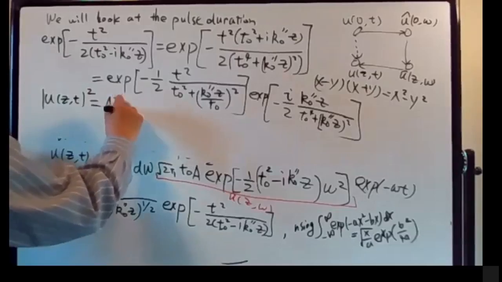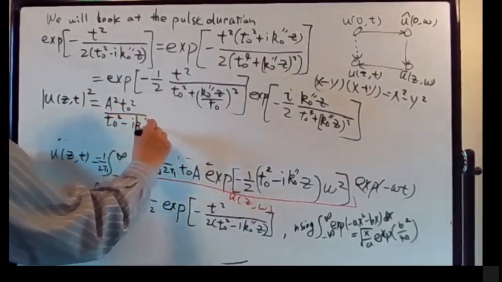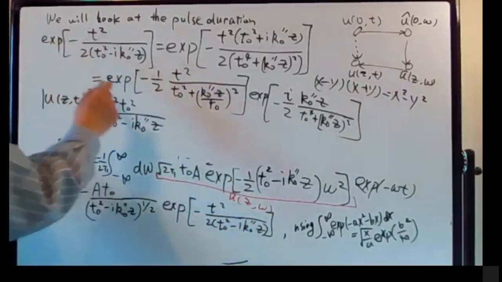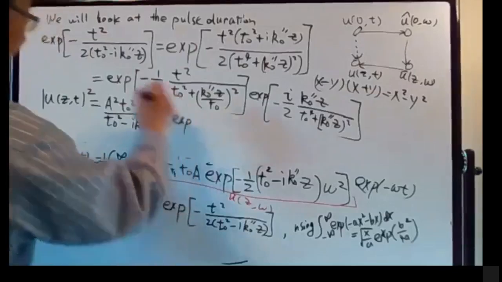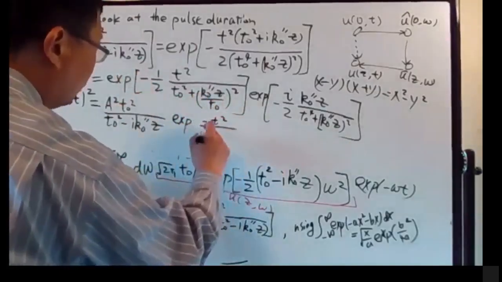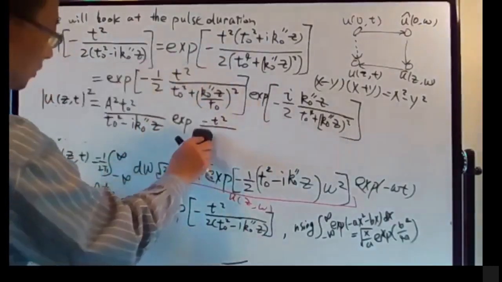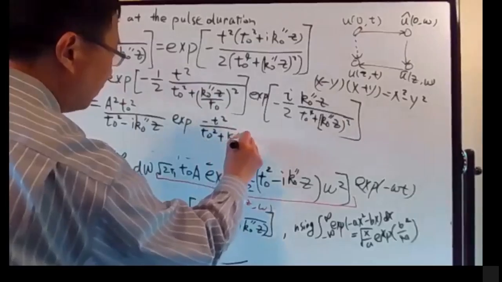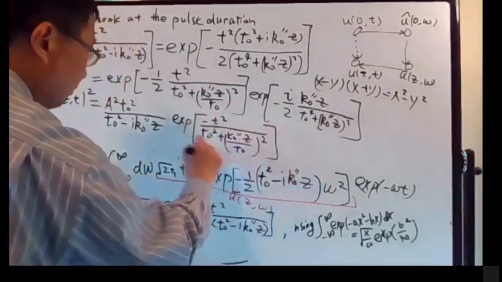It is the amplitude squared, t naught squared over t naught squared minus i k naught double prime z, and then we take absolute value squared. For the exponential, we take the square, so the half is gone: it's negative t squared over t naught squared plus k naught double prime z over t naught squared.